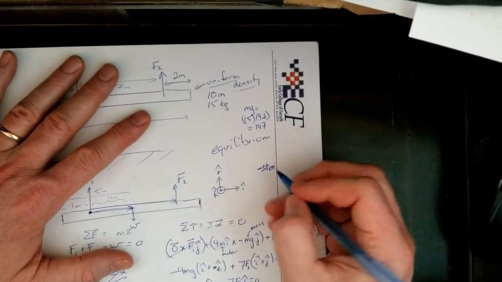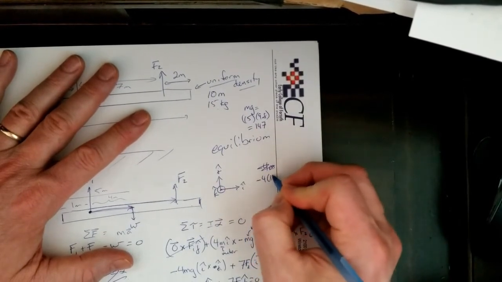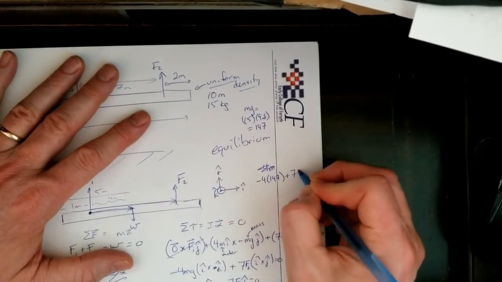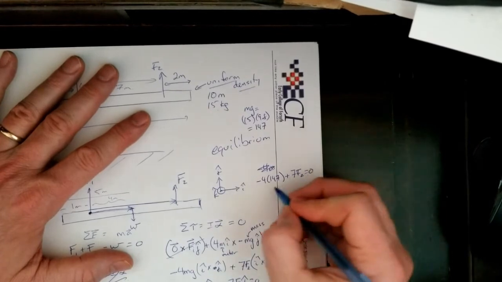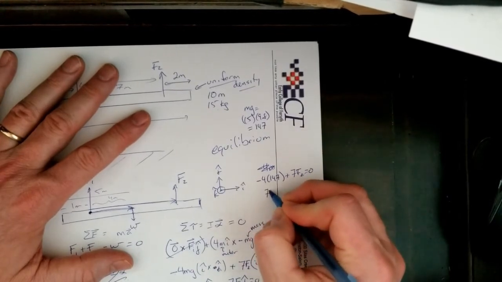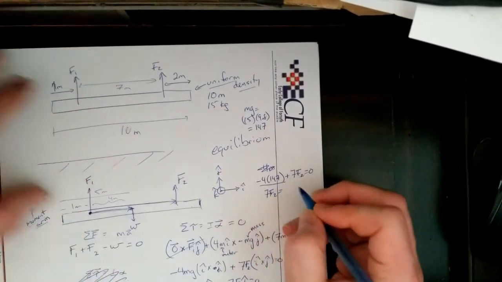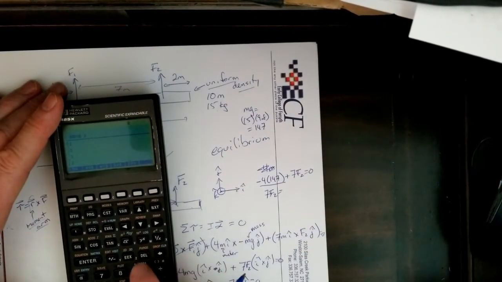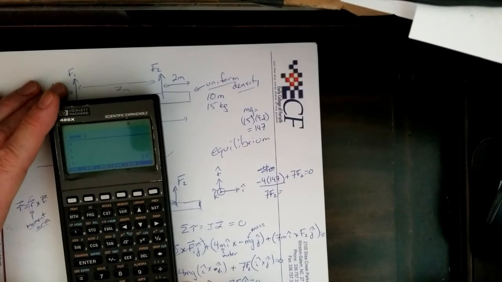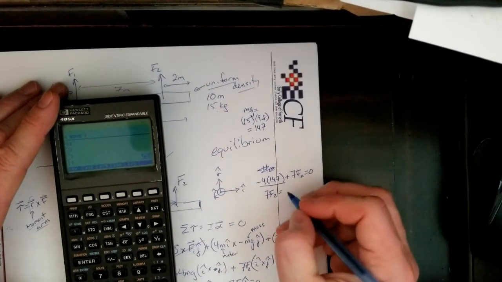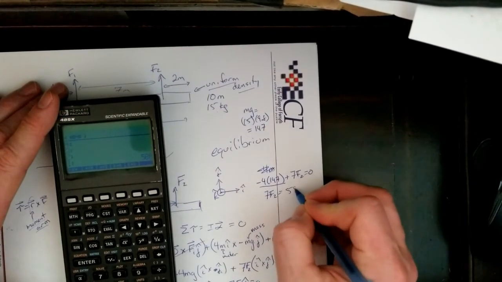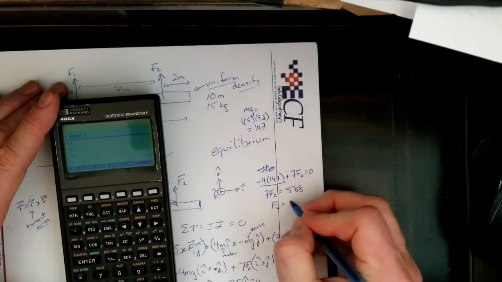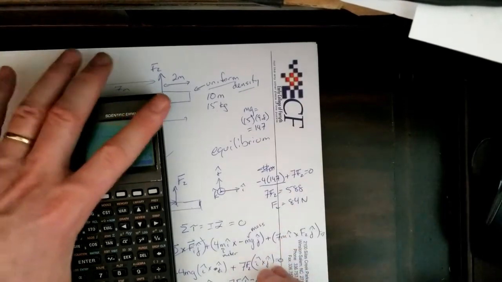So I have negative 4 times 147 plus 7 F2 equals 0. So 7 F2 is equal to whatever that is. 4 times 147 equals 588. So F2 is 588 divided by 7, which is 84 newtons.